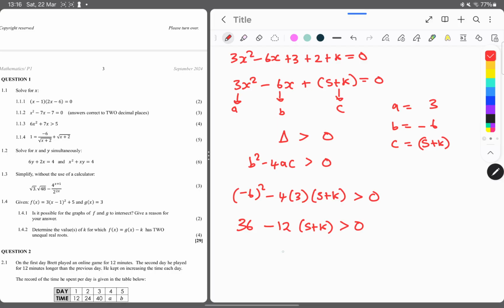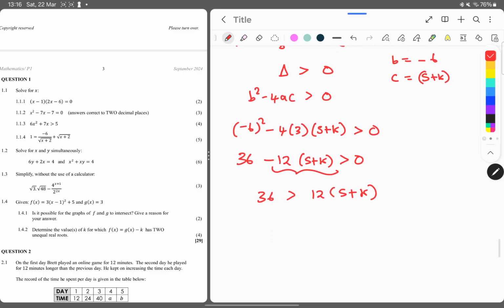So everything here goes the other way. So it's 36 greater than 12(5 plus k). The reason why I moved the negative 12 is to avoid dividing by a negative. Remember, if you divide by a negative, the sign changes. If it's greater than, it becomes less than. If it's less than, it becomes greater than.